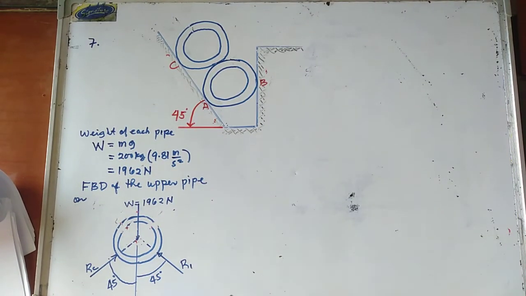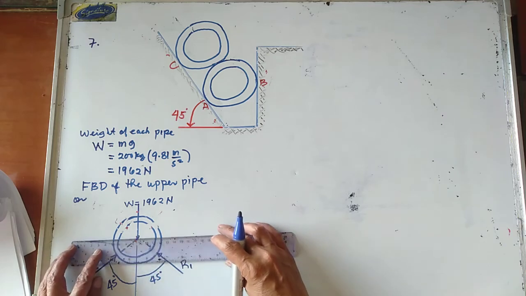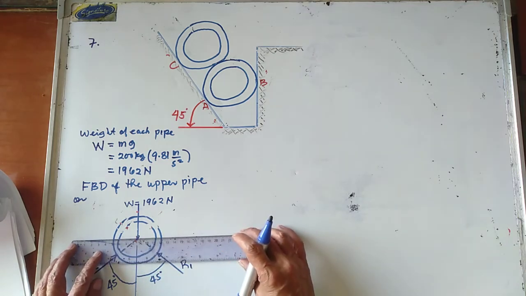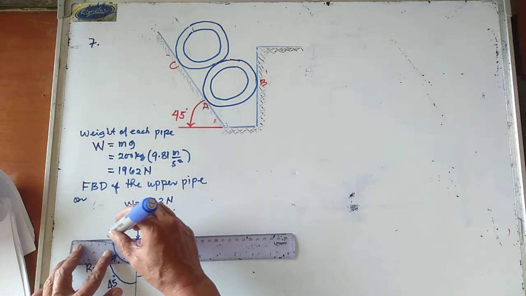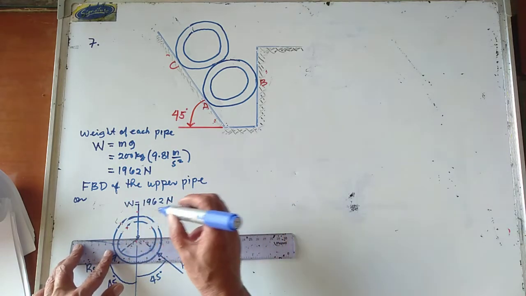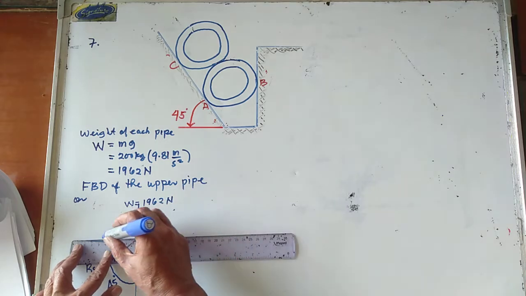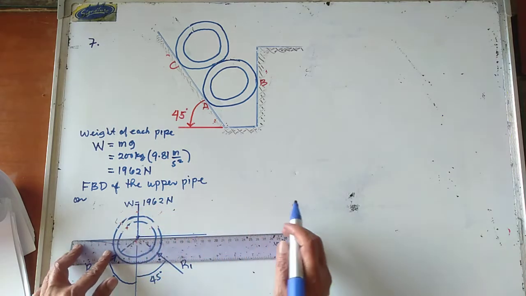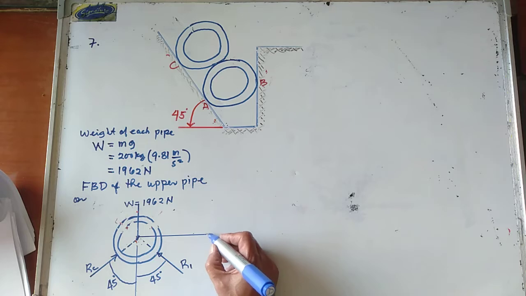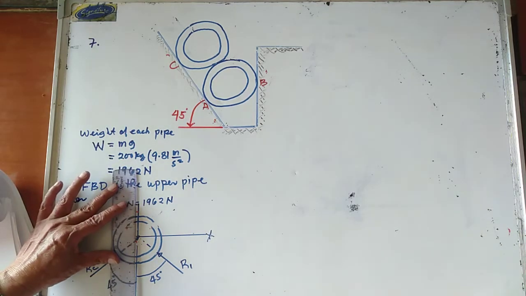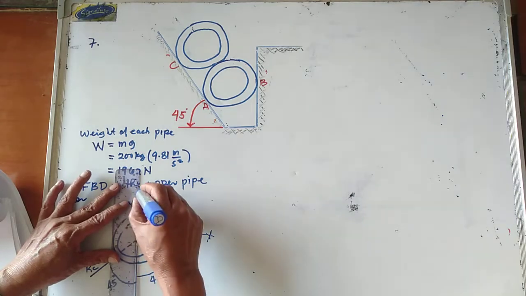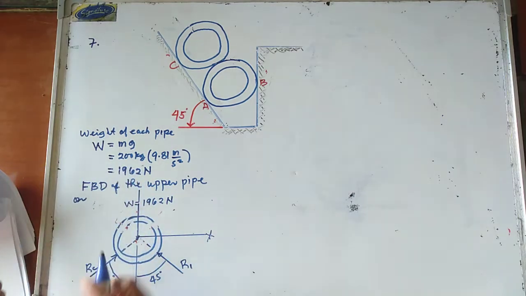Okay, or if I'm going to use the usual way of writing your x and y axis, which is horizontal in the x-axis, and we have vertical in the y-axis.